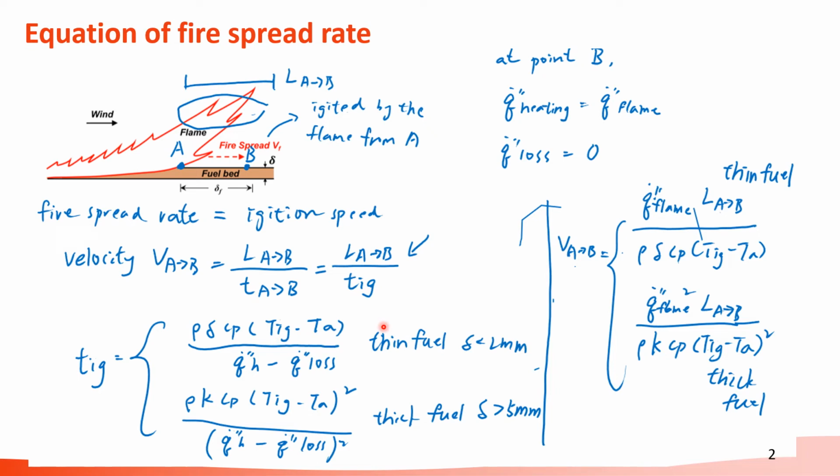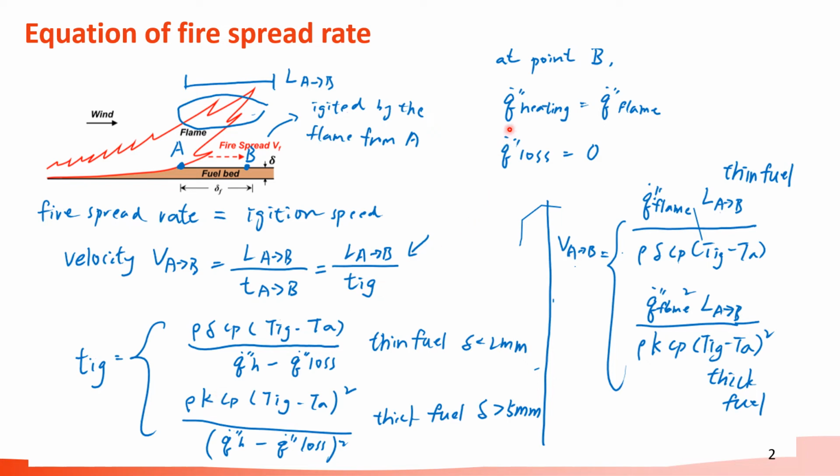For the thin fuel, the ignition time can be varied by the thickness of the fuel, while for the thick fuel, the ignition time is affected mostly by the material's thermal conductivity.